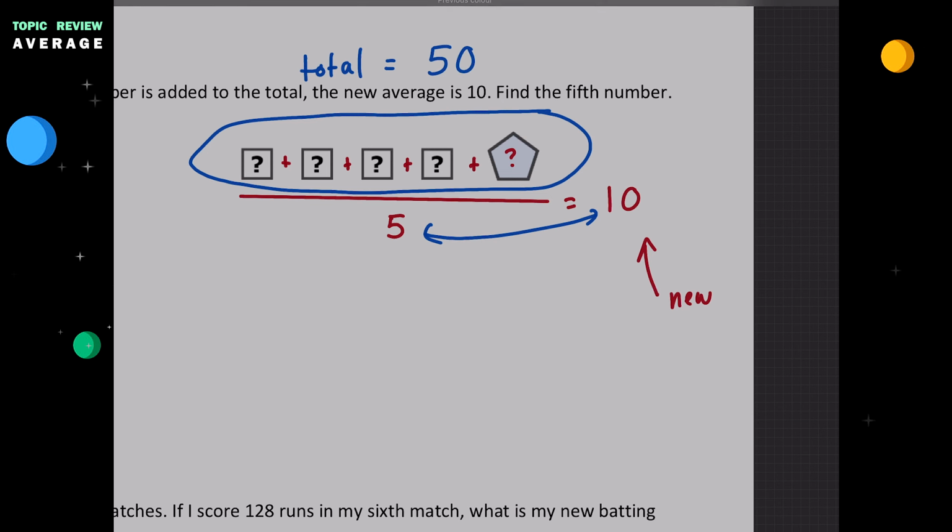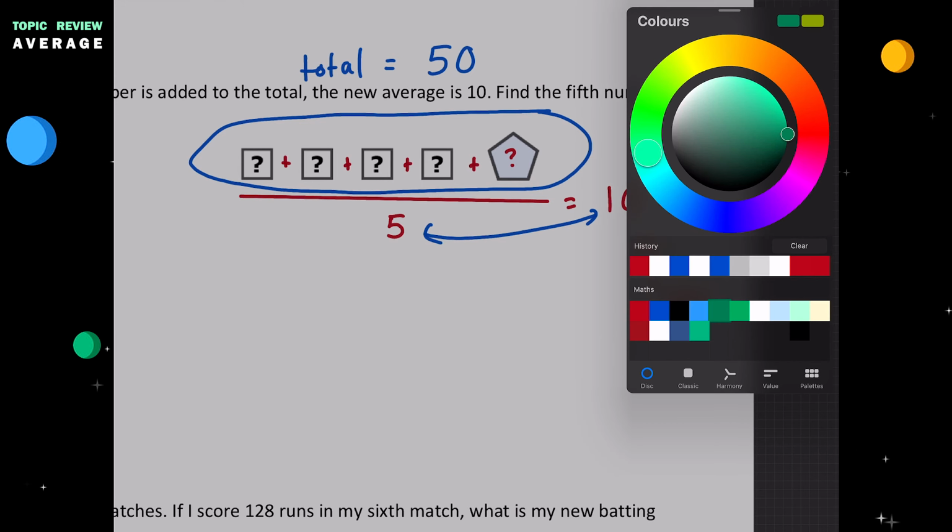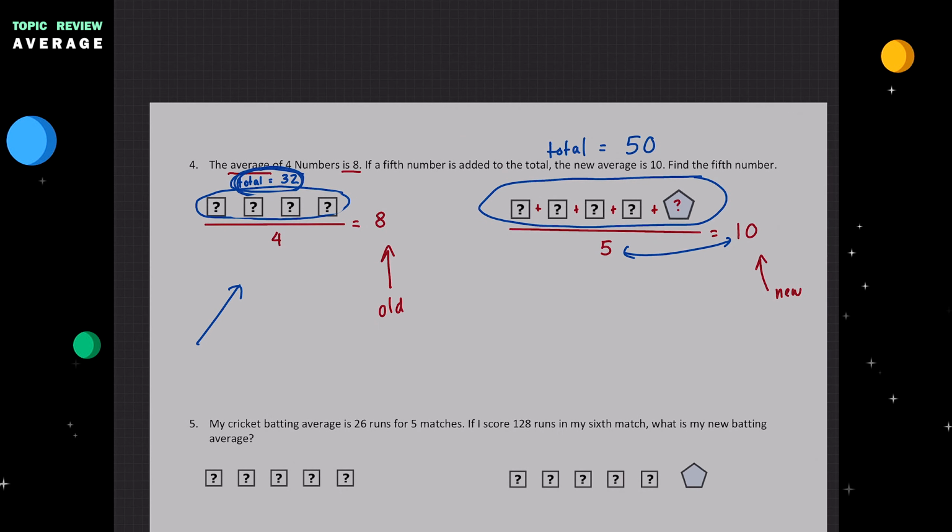But hold on, remember that, let me just color this in green maybe. Got a tongue tied there. Remember that the first 4 numbers is equal to 32, right? So these 4 numbers here are going to add up to 32, because we figured it out from the first diagram, from the first picture.